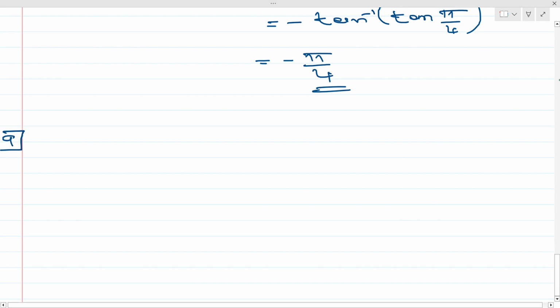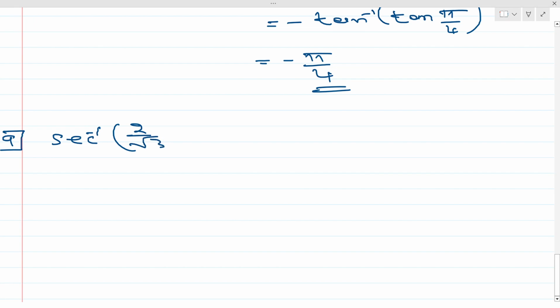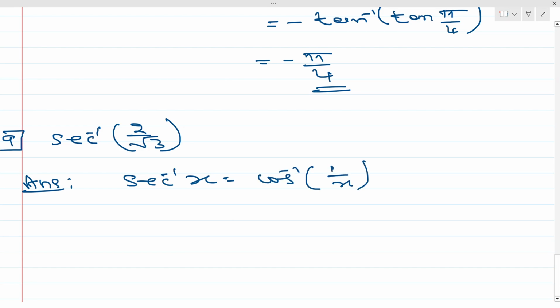So the next question 9. It's secant inverse 2 by root 3. Answer for this is secant inverse x can be written as cos inverse 1 by x.